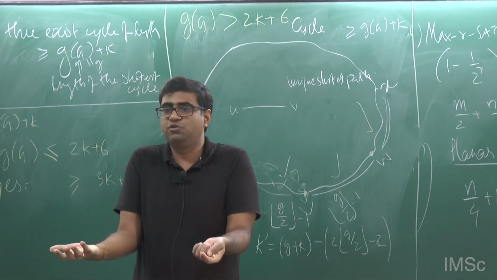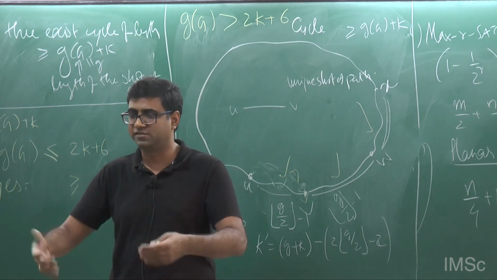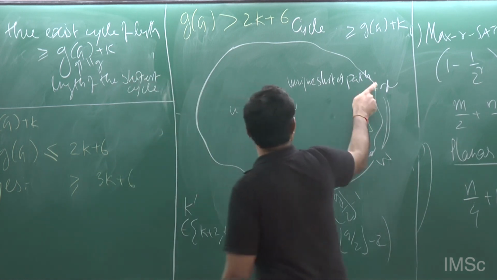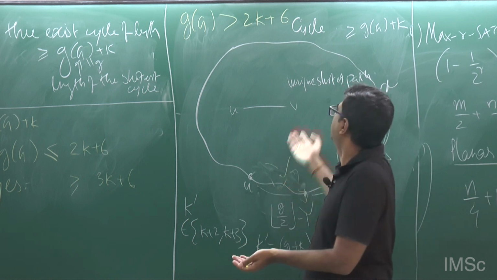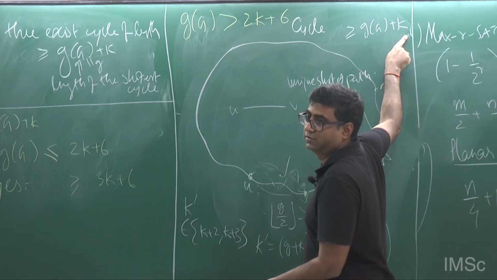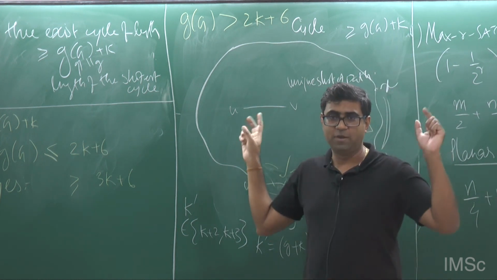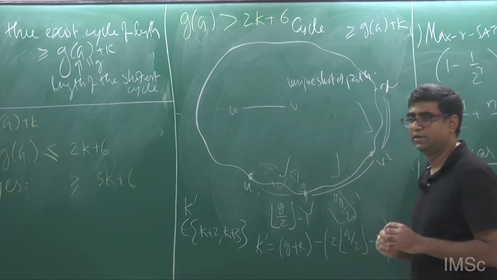Since they were unique shortest paths, you try all u, v, w, x as a potential cycle, delete those paths, and then check, is x reachable from u? If it is reachable, then you have got your cycle of length more than this, and you are done. I may not have been completely formal, but formal enough.